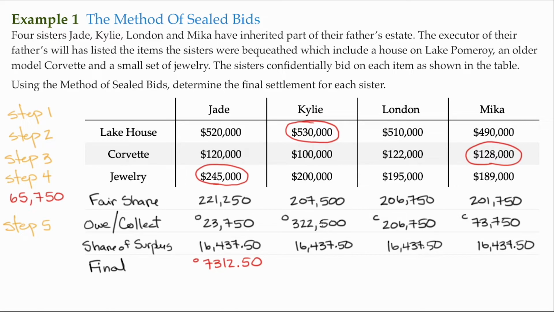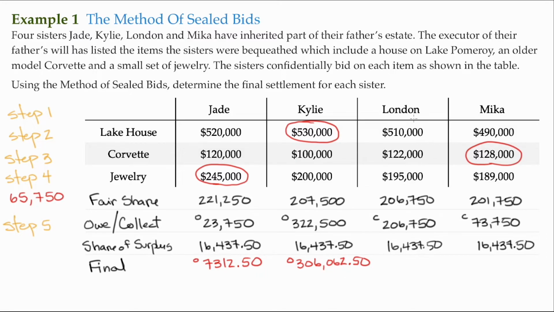So we just take the difference between the two, and this is $306,062.50 that she actually owes. So her final settlement is she gets the lake house and owes the estate $306,062.50.